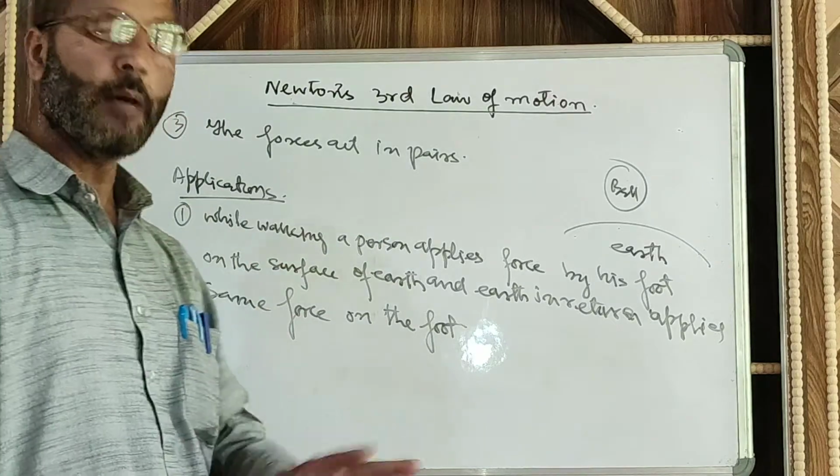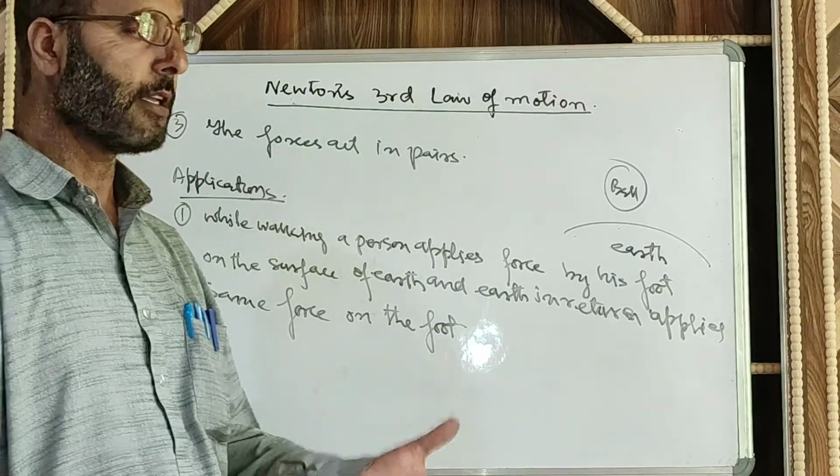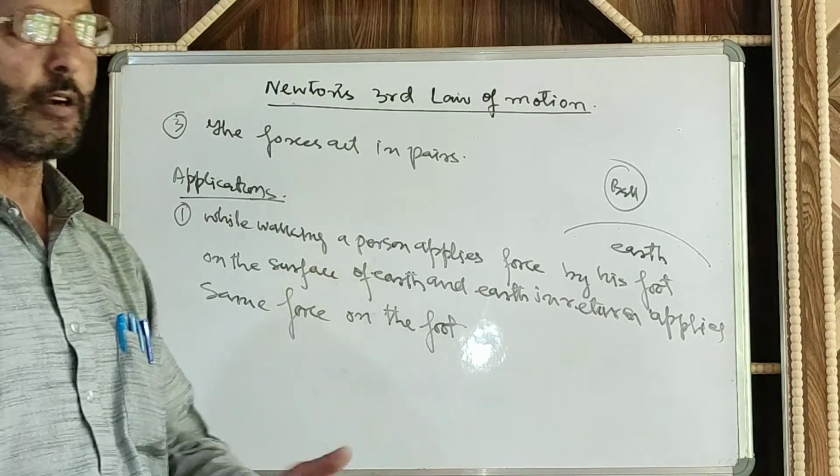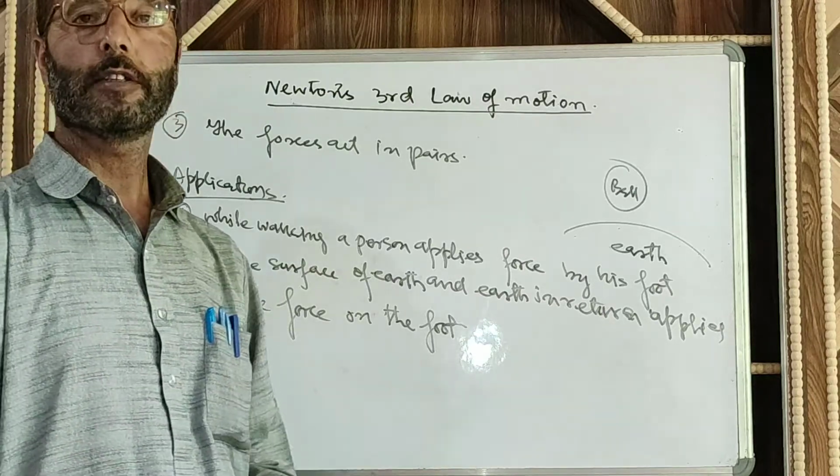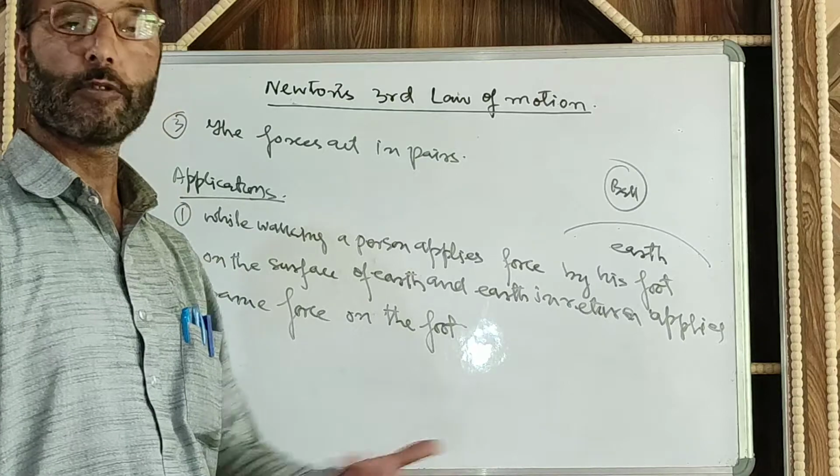If the earth is unable to apply the force, for example, there is mud, the mud is not able to apply the same force on the body, so it's difficult for us to walk on mud.